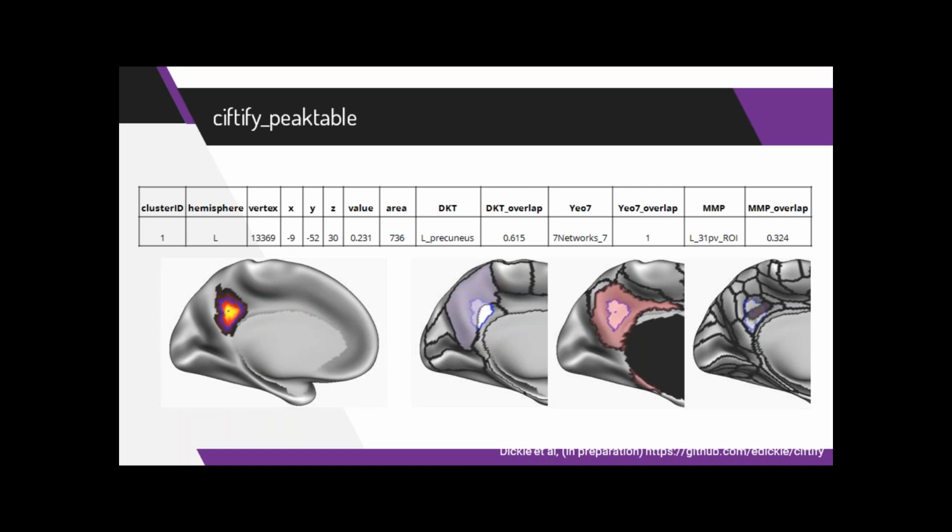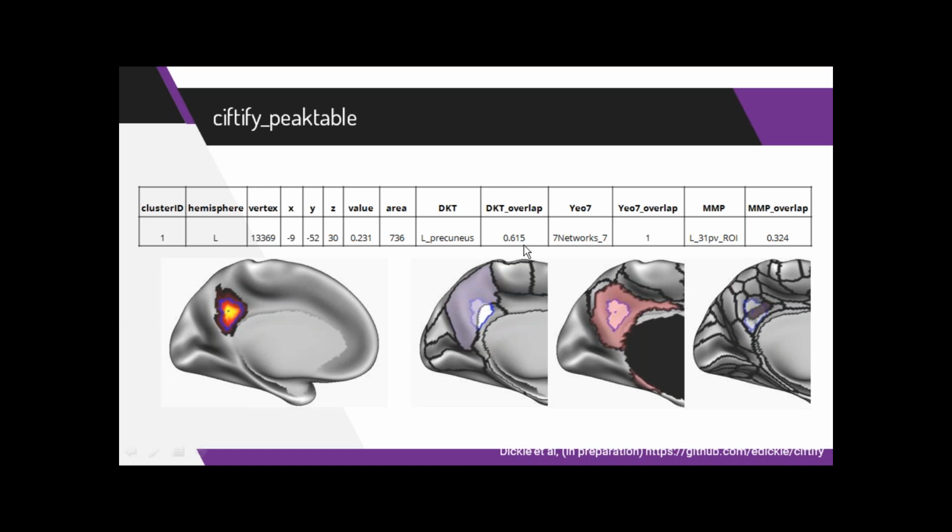And it will also output, so you can't really see in blue, but you can kind of see in white, this is the cluster that it defined at the threshold I gave it. And it will also tell you how your cluster overlaps with certain atlases. So it'll tell you how it overlaps with the FreeSurfer atlas. You can get an anatomical label.